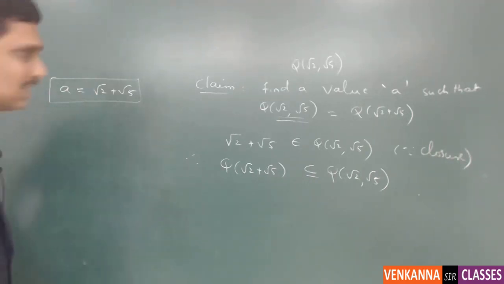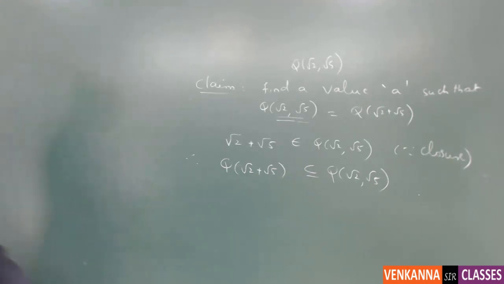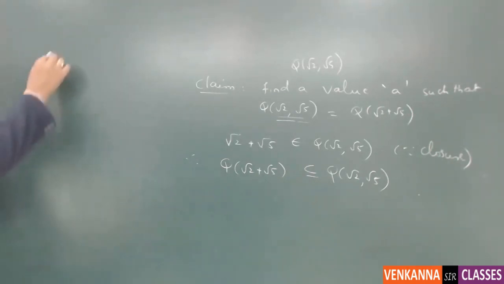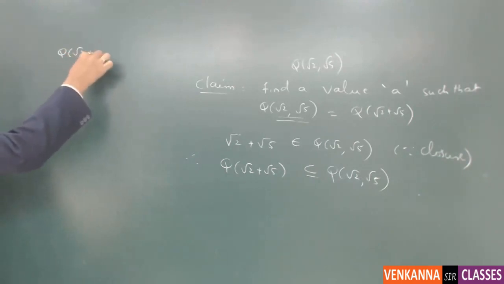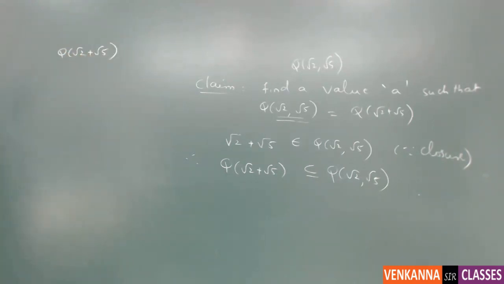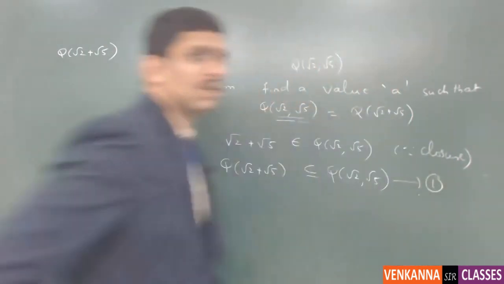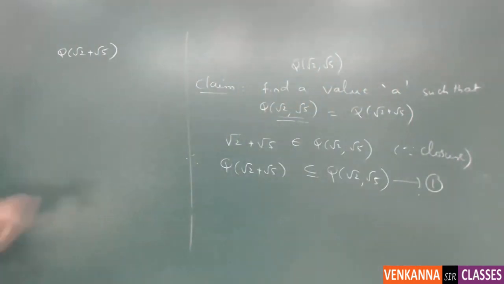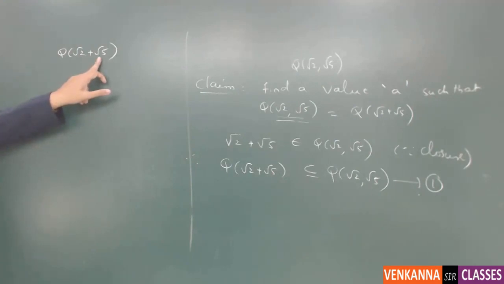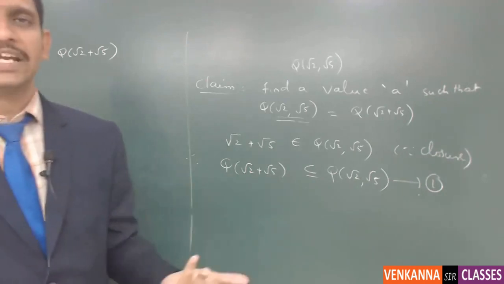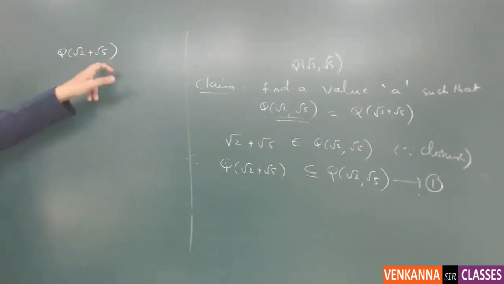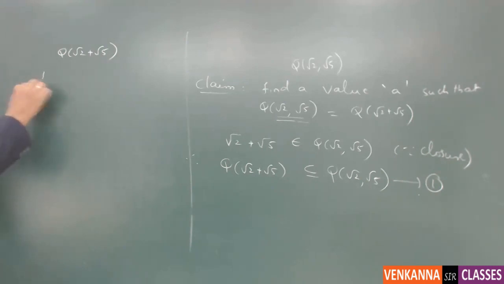Now if you consider the set Q of root 2 plus root 5, the special element in this set is root 2 plus root 5. Since it is a field, every element will possess an inverse. The inverse of this also belongs to the same set. So I can say the reciprocal of root 2 plus root 5 belongs to the set.